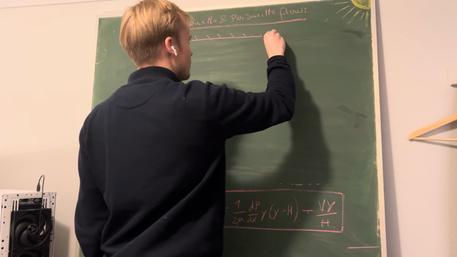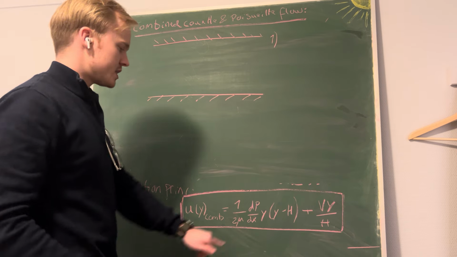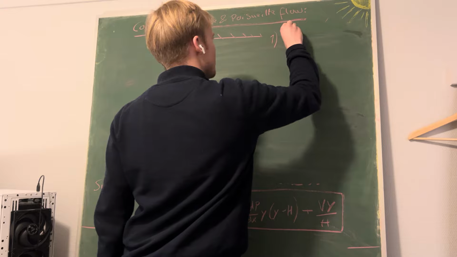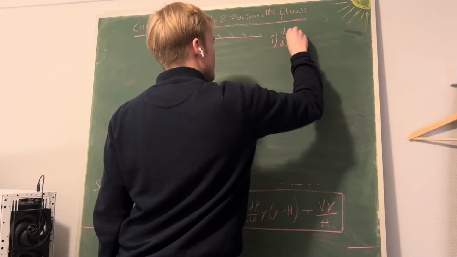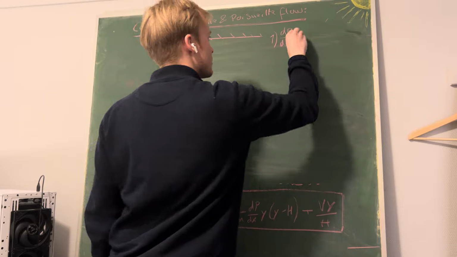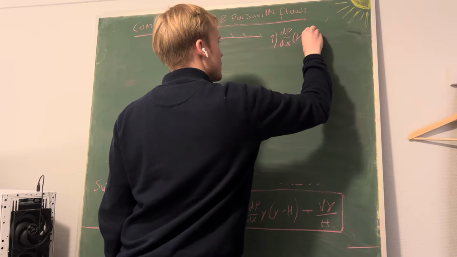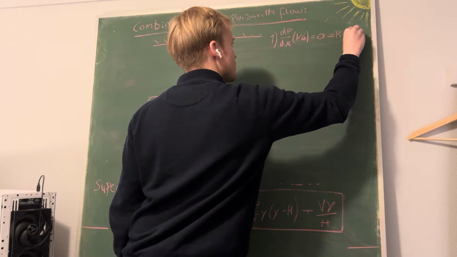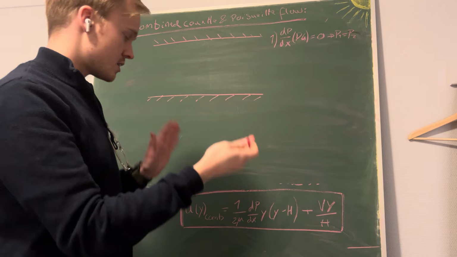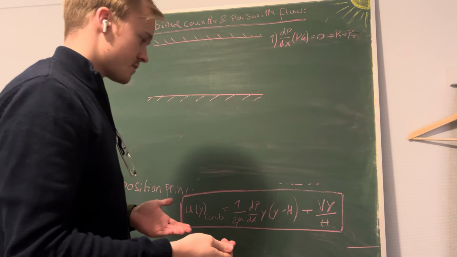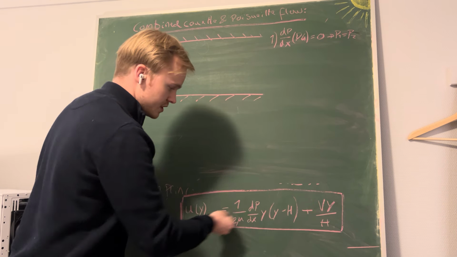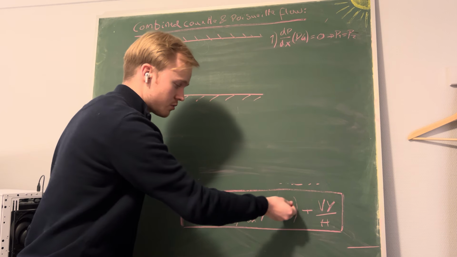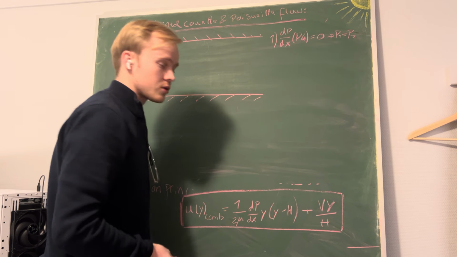So let's say in our first example we say that dp dx, which is our pressure gradient, is equal to 0. So that means that P1 is equal to P2, meaning that there is no pressure difference, which should imply that the whole of this term, our Poiseuille velocity profile term, all of this cancels and we are left with our Couette flow.